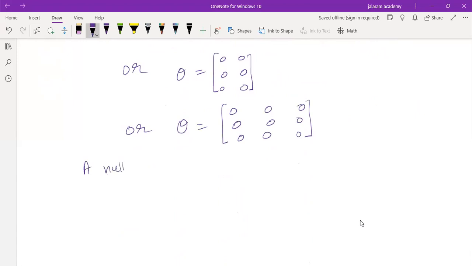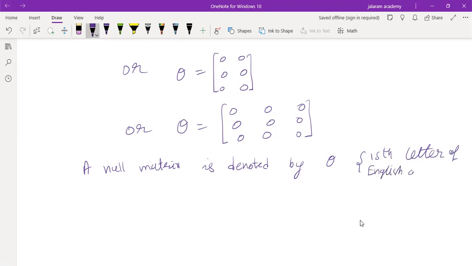So a null matrix is denoted by O, the 15th letter of the English alphabet.